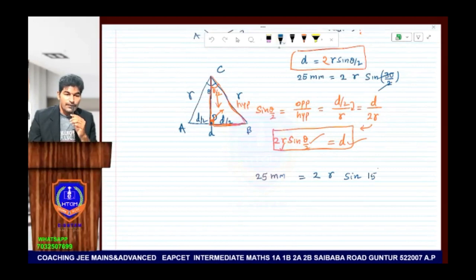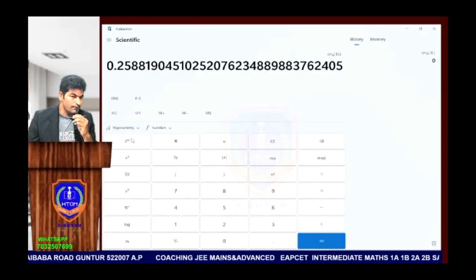Now, can you calculate sine 15? Use a scientific calculator. Sine 15 degrees is how much? How much did you say? 0.2588, right? Same answer.